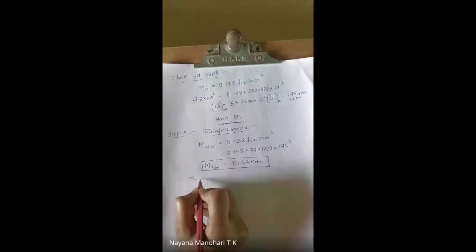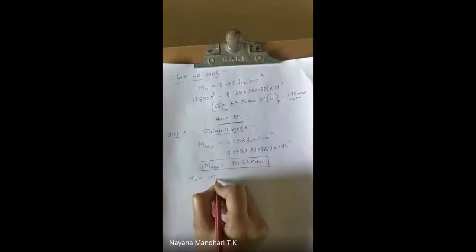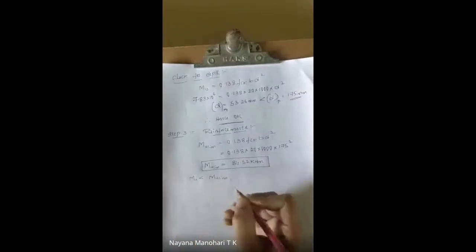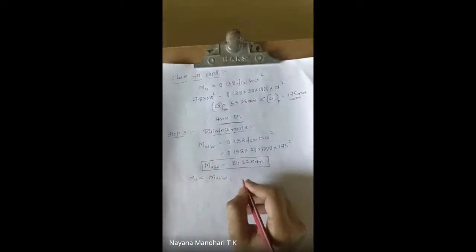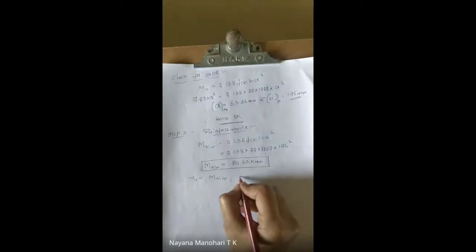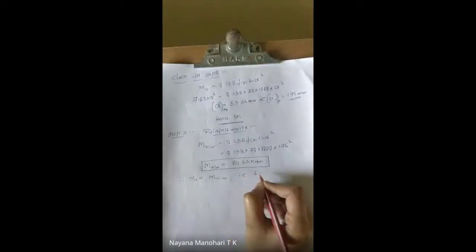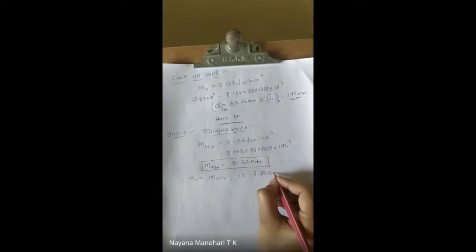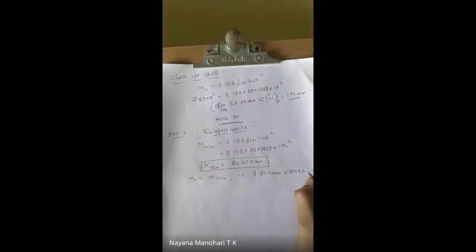So therefore, MU is less than MU limit, that is 7.83 kilonewton meter is less than 84.52 kilonewton meter.